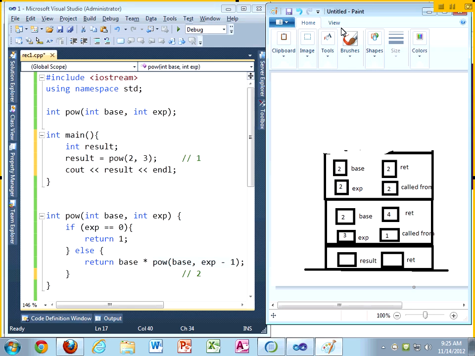Now I'm done with this function call, so I pop the activation record off the stack.